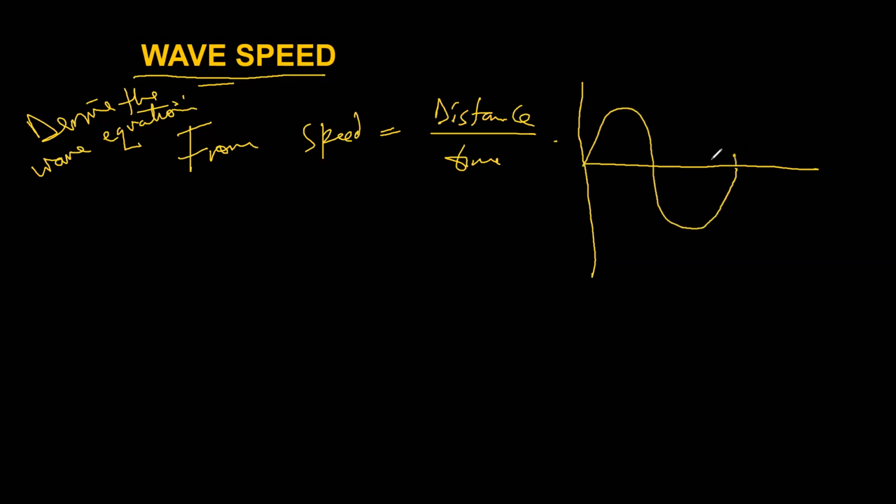From this point to this point, we have the distance made in one complete cycle. What name did you give it? Wavelength, lambda. Correct. And the time taken to make one complete cycle is our periodic time.